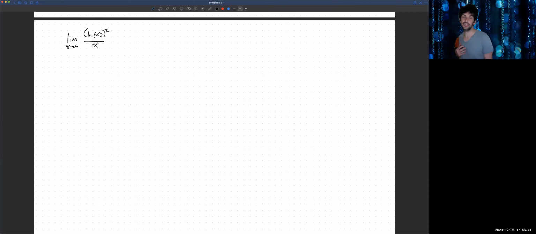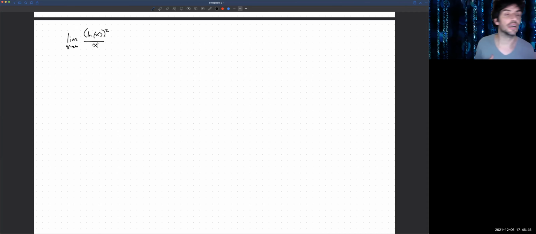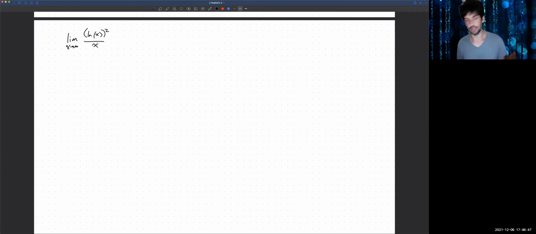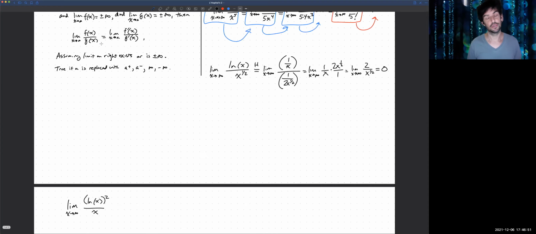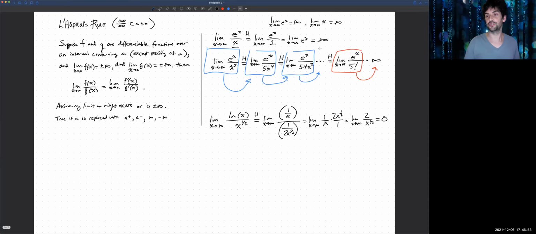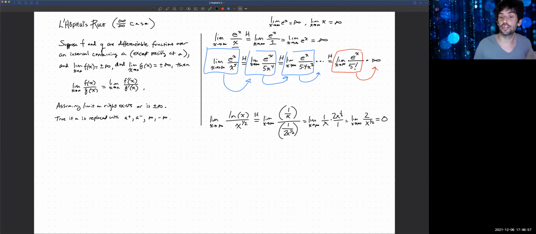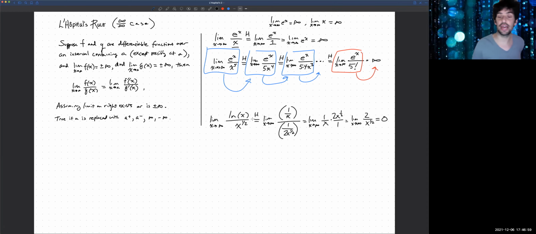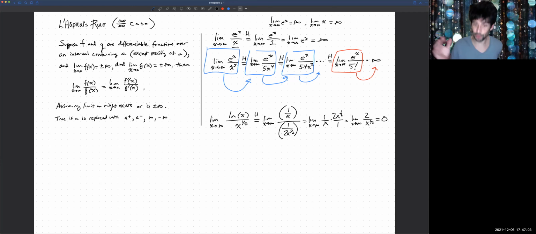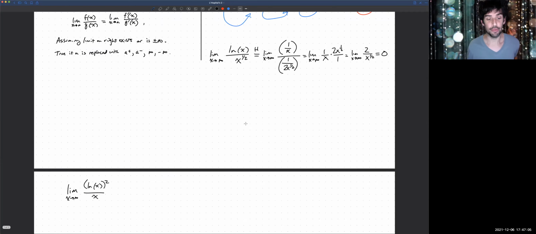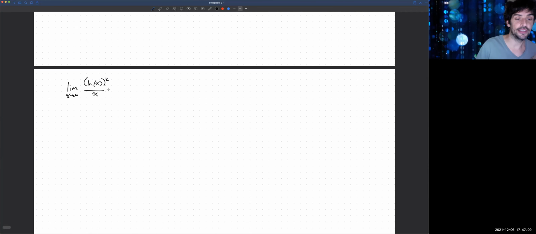So we compared the exponential to polynomial in our first examples and saw that the exponential one won. Here we compared natural log to a power of x to the 1/2, and we saw that the power of x to the 1/2 kind of won, right? It was making the fraction smaller. Now we've squared the natural log. Let's see what happens here.